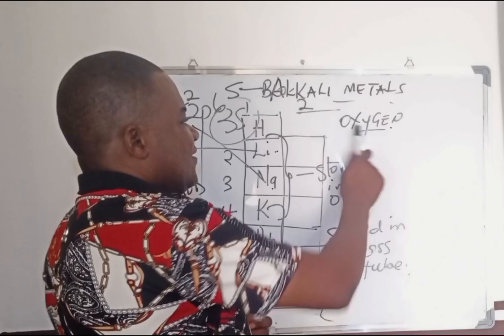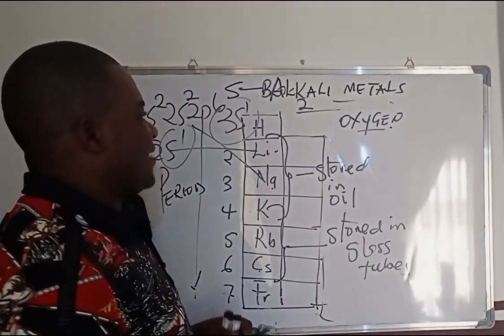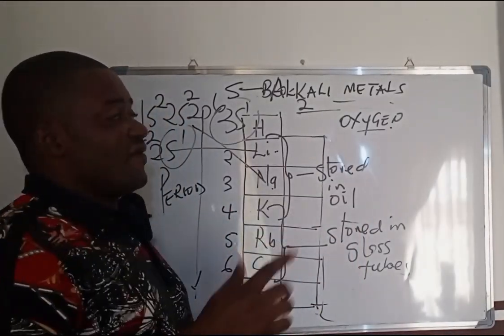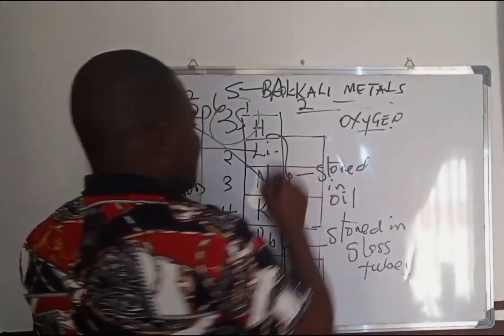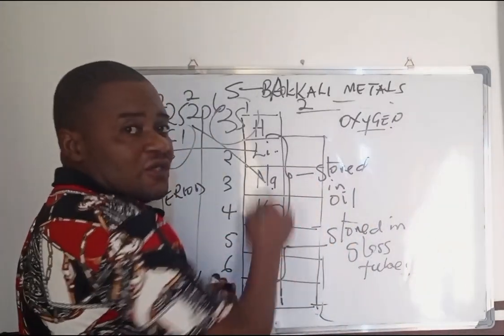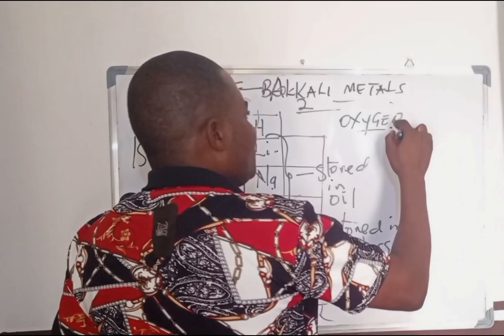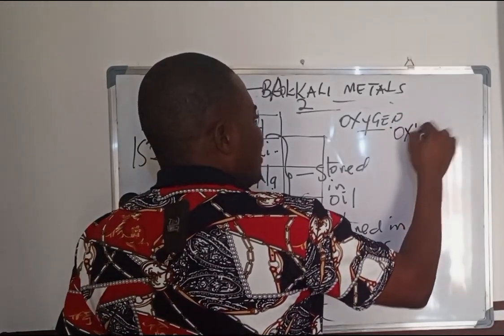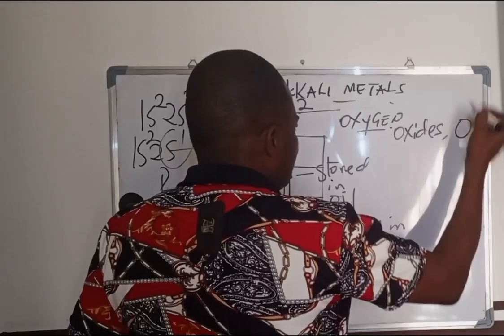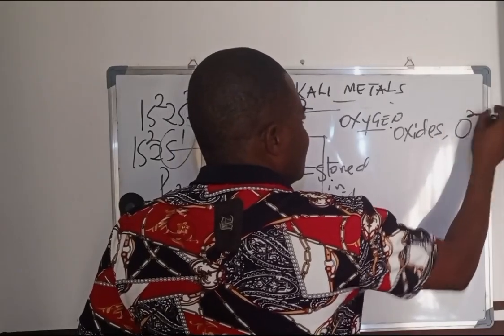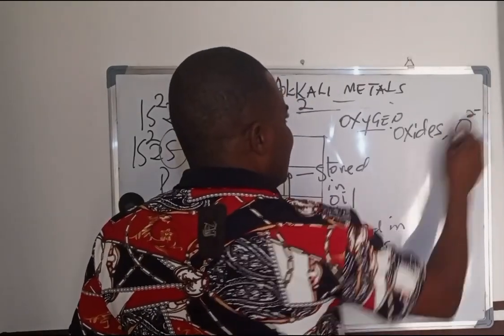Now, oxygen is always reacting with these metals. For example, alkali metals will always react with oxygen to form oxides, which are usually monoxides, with the O2- ion.